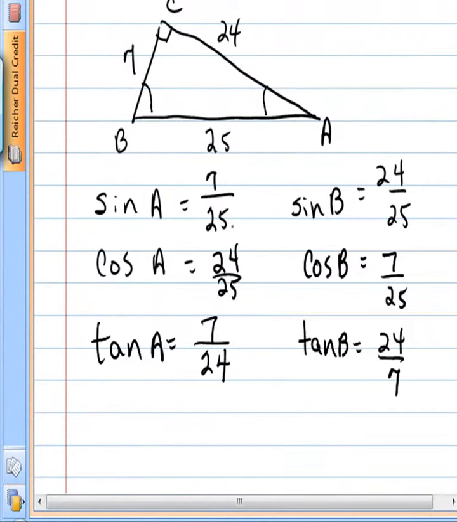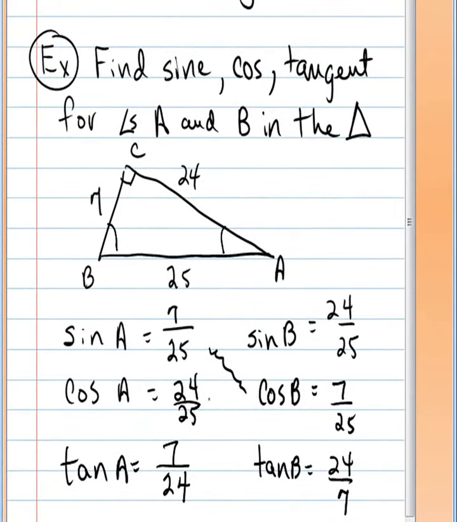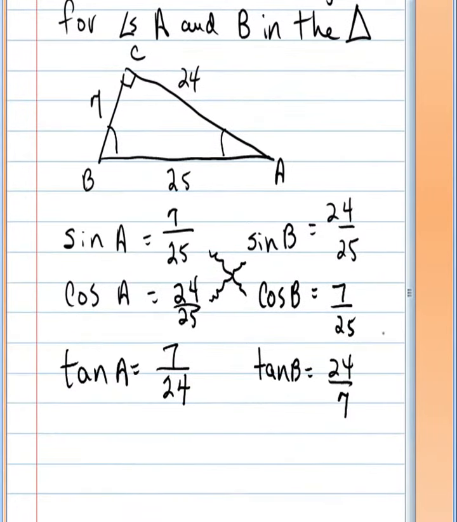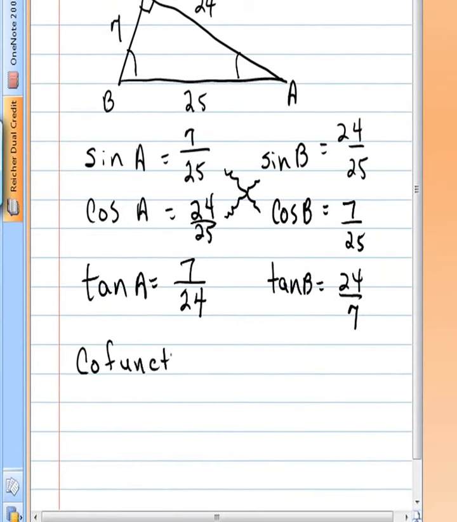Okay, if you notice something here, the sine of A is the same as the cosine of B, and the cosine of A is equal to the sine of B. So that brings us to the next topic, which is called cofunctions.